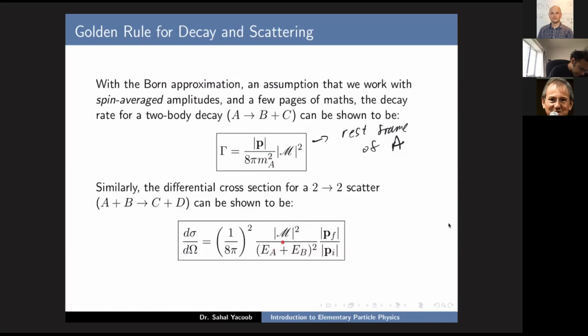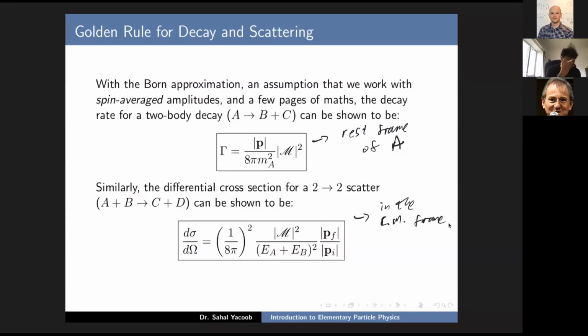We have the matrix element telling us about the physics. And now we also have the magnitude of the 3-momentum of the final state particles, divided by the magnitude of the 3-momentum of the initial state particles. And this, again, is in a particular frame: the center of mass frame.